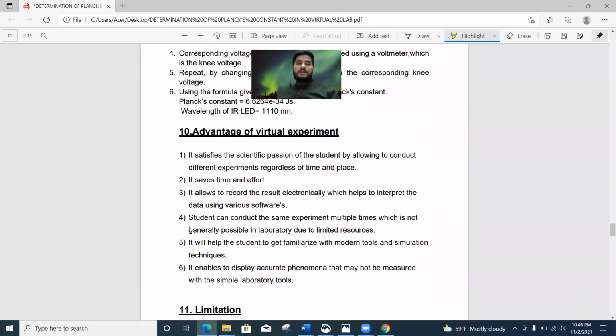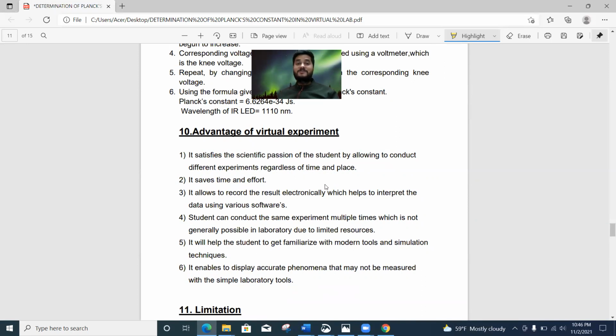What is the advantage, and how many advantages? There is no limit to the advantages of doing the virtual lab nowadays, I think. But among all the advantages, I only mention 6 here. It satisfies the scientific passion of students like us by letting us conduct different experiments regardless of time and place.